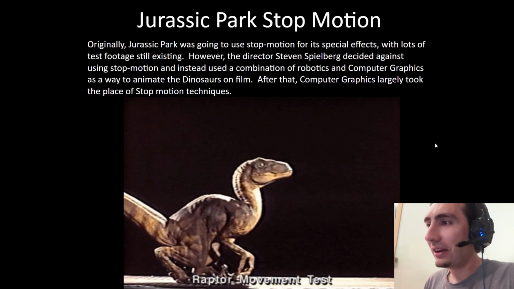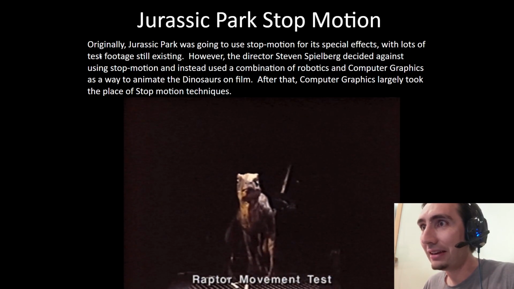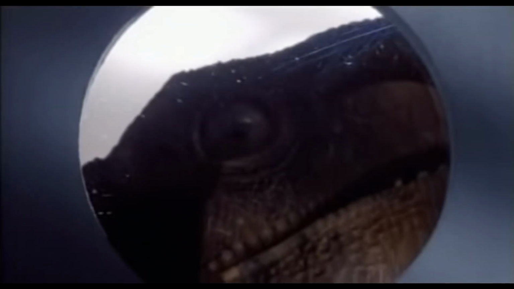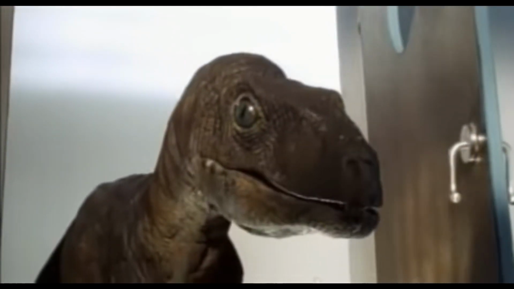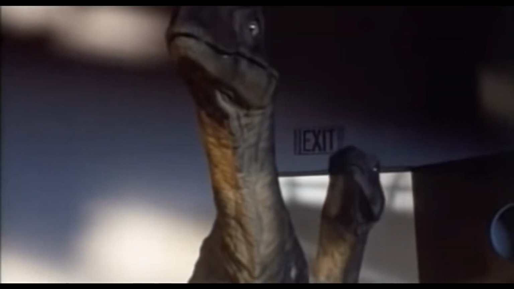Finally, we come to more modern-ish times. Jurassic Park was made in 1993, and originally, actually, Jurassic Park was going to use stop motion for its special effects for the dinosaurs. And there's lots of test footage, as you can see, that still exists of them trying to make these dinosaurs in stop motion. But the director, Mr. Steven Spielberg, actually decided, I don't really like the way it looks.